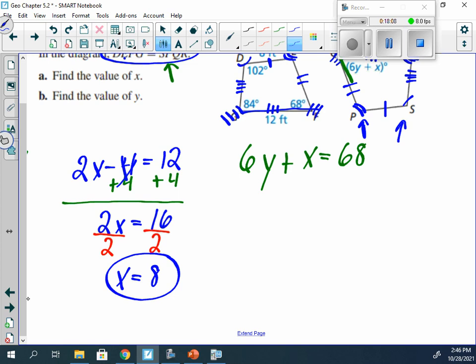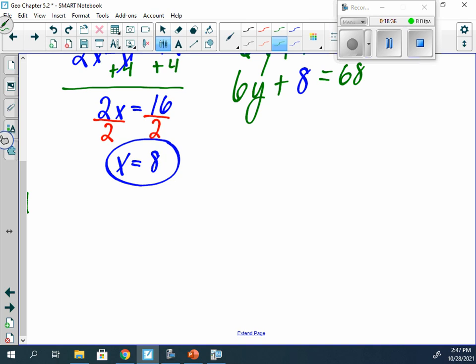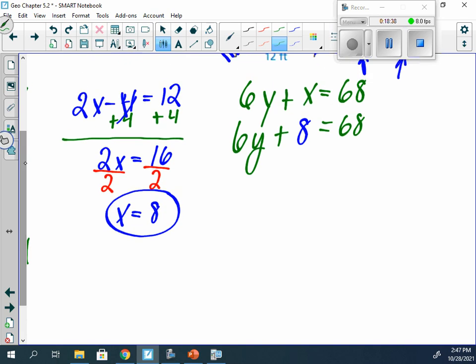Any questions on how we got x equals 8? So we do know the value of x for this here, yes? So in this equation over here, the value of x is 8. So what we can say is that we have 6y plus 8 is equal to... even though we were given an equation in 2 variables, let's work it out one step at a time.